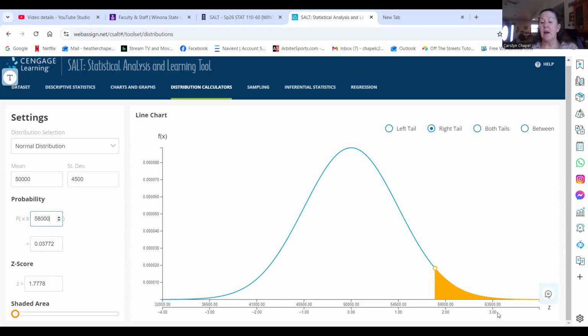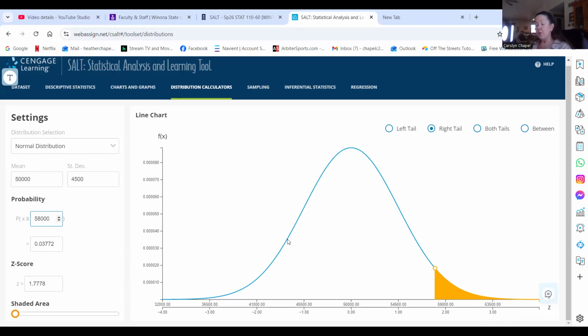You'll also notice on the curves in your picture that it also shows you in the picture where it is in reference to that 1 and 2 and 3 and the -1, -2, and -3. I really like that idea to help you make those connections and kind of remembering the 68, the 95, and the 99.7.